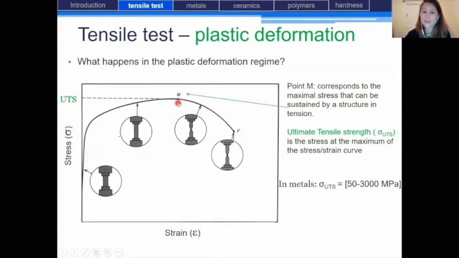We define the stress at this point as the ultimate tensile strength, written sigma UTS, which is the stress at the maximum of the stress-strain curve. In metals, typically, the value for the ultimate tensile strength is between 50 and 3000 megapascals.